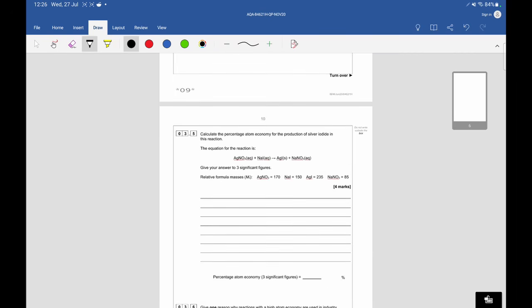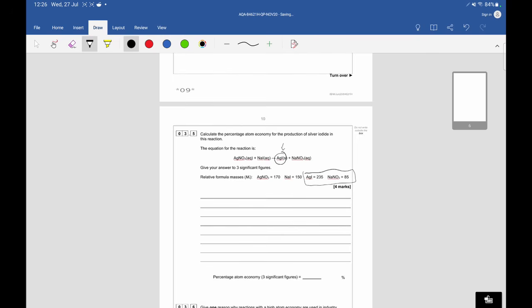Question number 3.5 said equation of reaction is silver nitrate plus sodium iodide makes silver iodide and sodium nitrate. Give the answer to 3 significant figures and calculate the percentage atom economy for the production of silver iodide. Well, silver iodide is this one, so we want to know what percentage of these products is silver iodide. So we need to work out the mass of silver iodide and the mass of silver nitrate, which they've helpfully given to us.